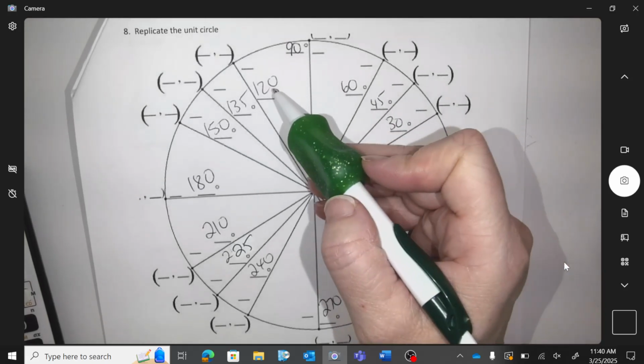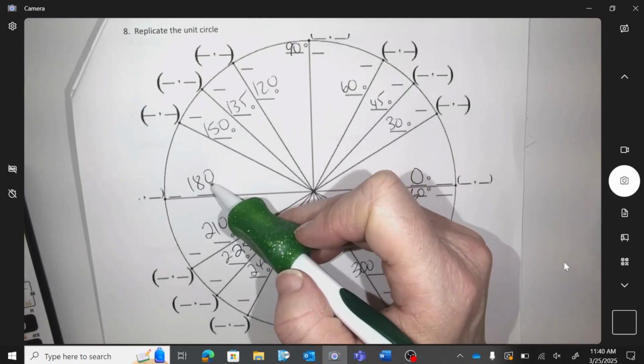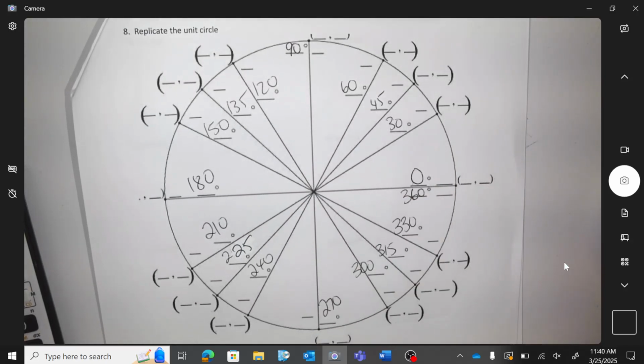Okay, so 120, 135, 150, 180, 210, 225, 240, 270, 300, 315, 330, 360, if you got them all.